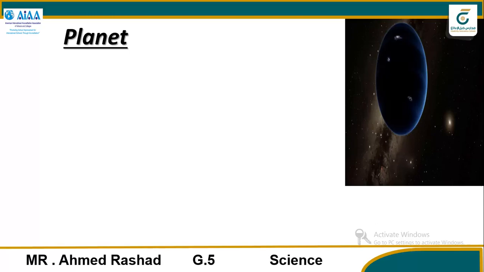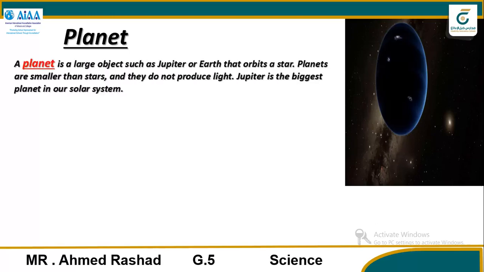A planet is a large object, such as Jupiter, the large planet in our solar system, or Earth, that orbits a star, traveling around a specific star. Planets are smaller than stars, absolutely.